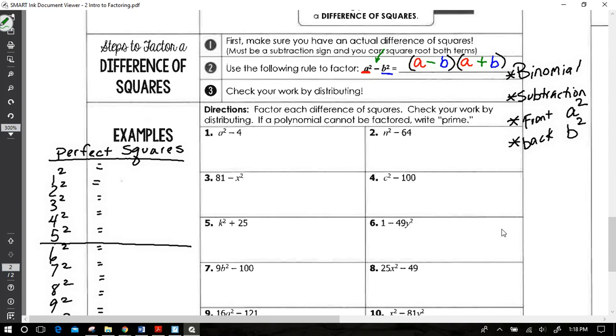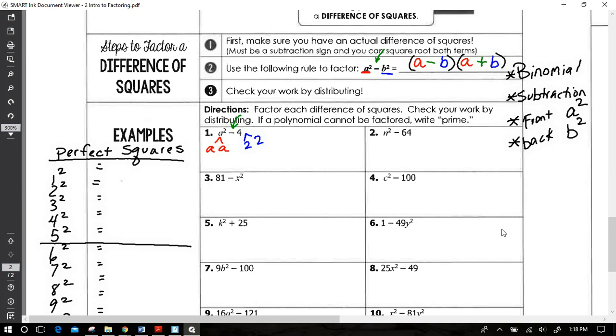So let's look at number 1. First thing I do is I check that I have perfect squares, right? A squared is the same as a times a. Is there a number squared that could give me 4? And there is. It's 2 times 2 is 4. And I have this minus sign here.